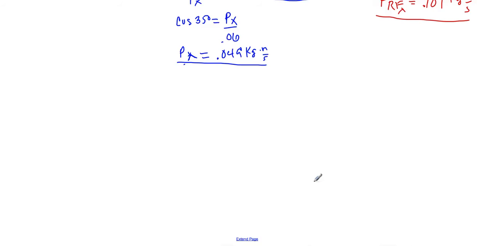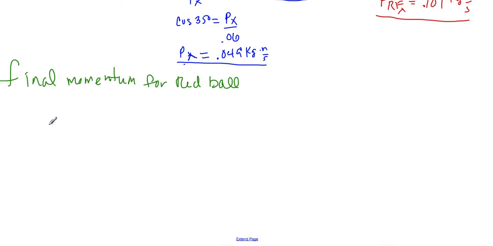So just to kind of finish this up, I'm actually going to switch colors, which might be a little bit confusing. We'll go to a green color here. We basically need to figure out what is our final momentum for the red ball.